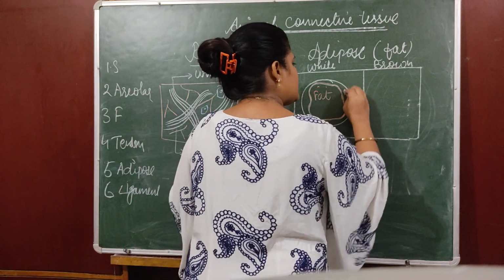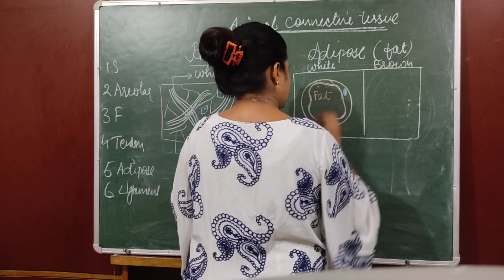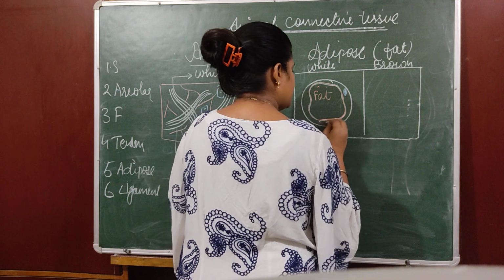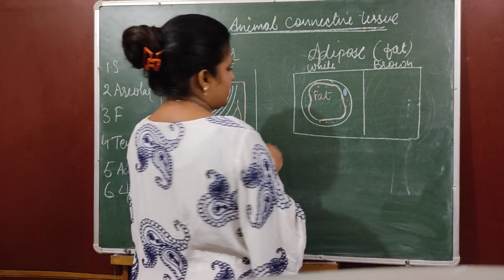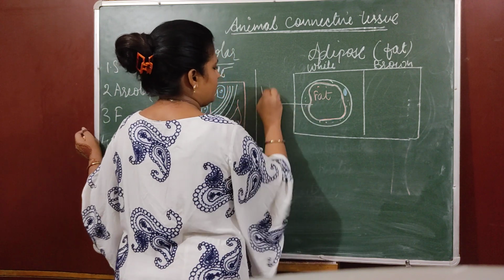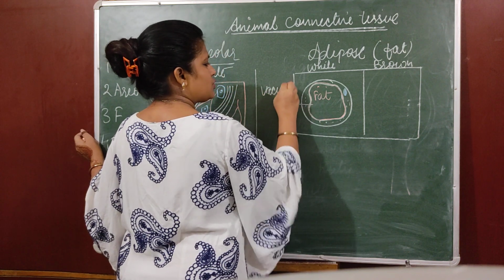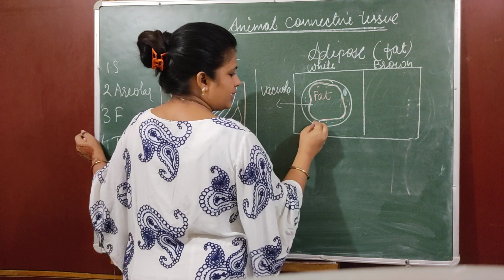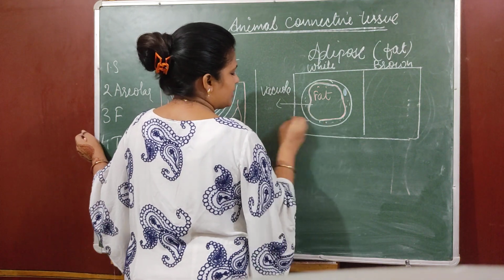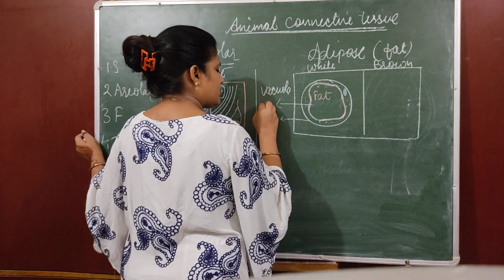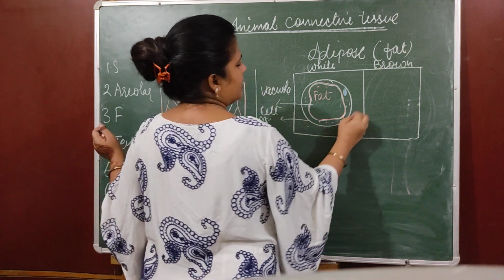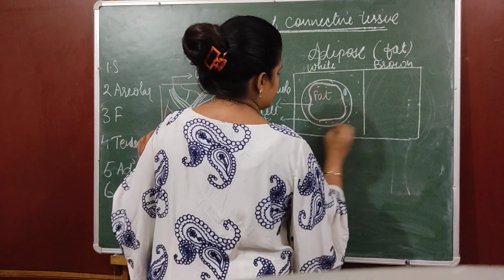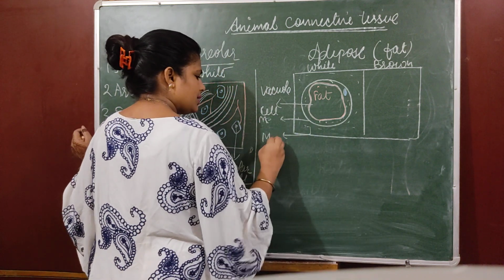There is nucleus, there is matrix, that is their cytoplasm. So what is this? This is their vacuole, which stores fat. This is their nuclear membrane, cell membrane or plasma membrane, and they are embedded in a matrix. This is their matrix.